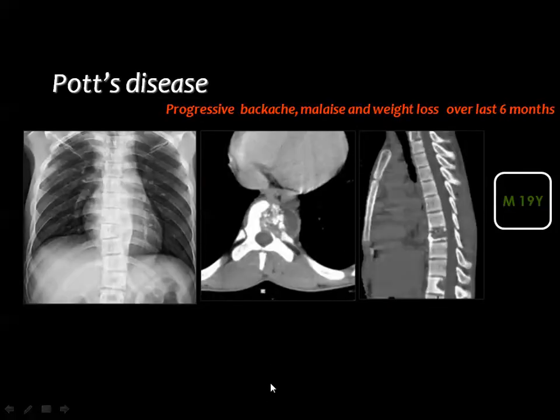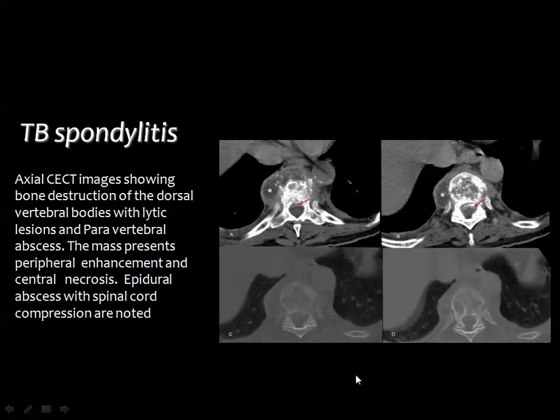representing the cold abscess. And here in the frontal X-ray of the dorsal spine and the sagittal reconstructed images, you see multiple vertebral pathologies and this lesion and another one with some involvement of the related discs, calcium, and the paravertebral collection representing the cold abscess.